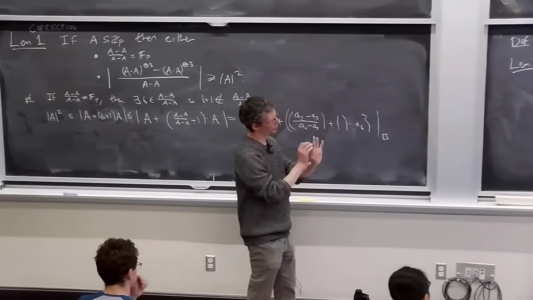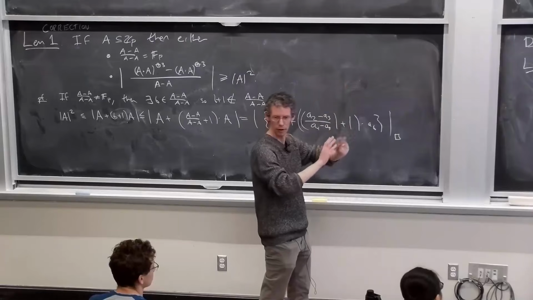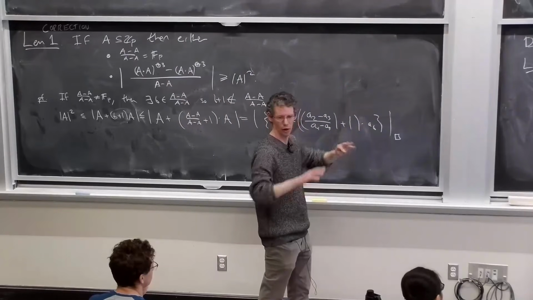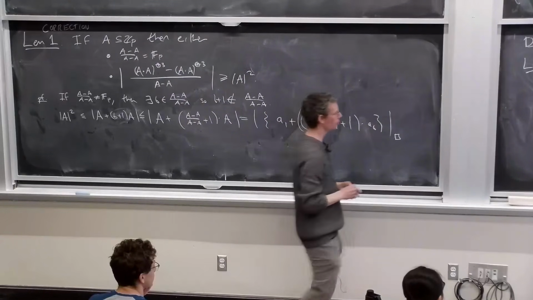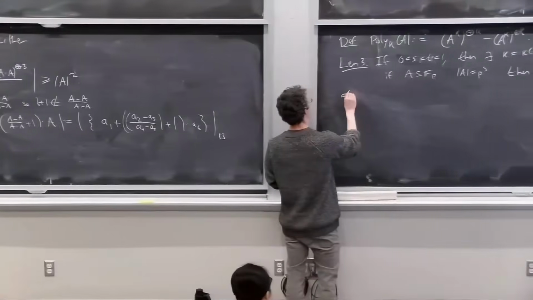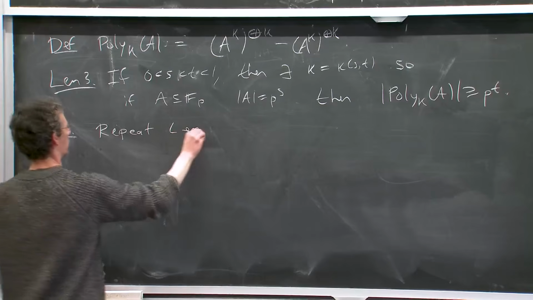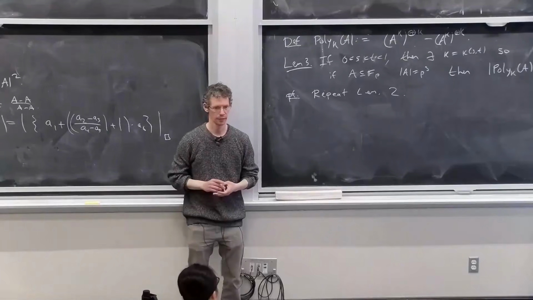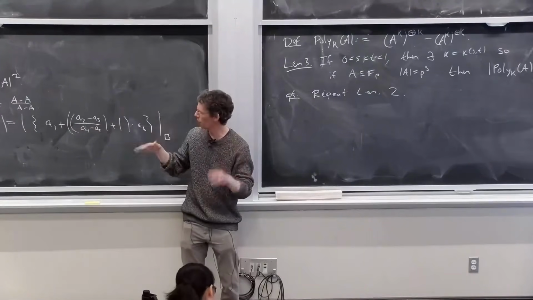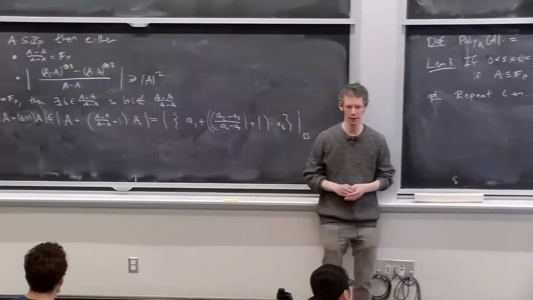So if you start with a set A and you're allowed to add and multiply, then in a controlled amount of time, you can spread out to cover a very large chunk of F_p. And the proof of this is just repeat lemma 2 many times. All right, so this is where we left off last time, with this mistake about the denominators corrected.